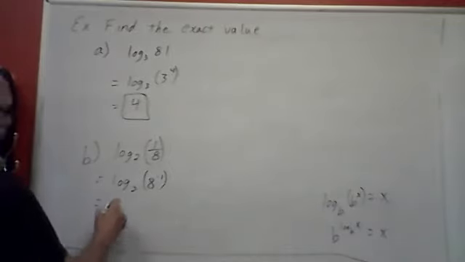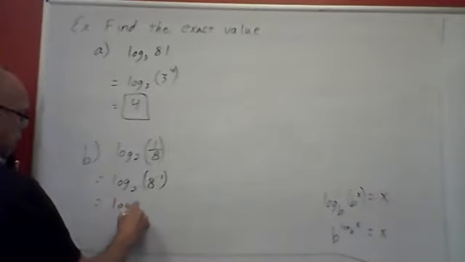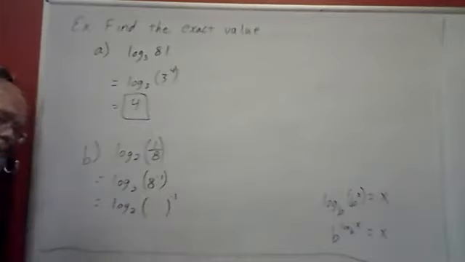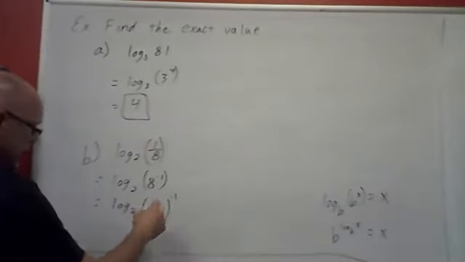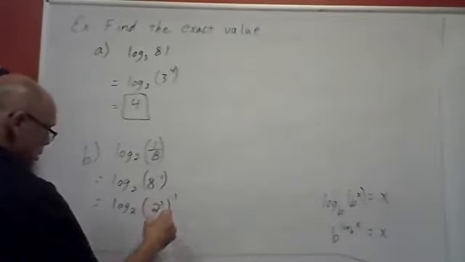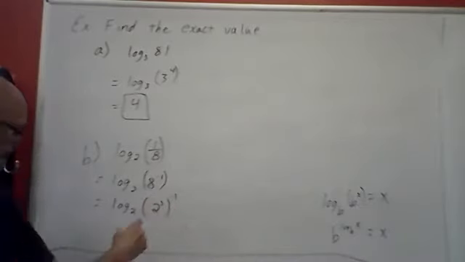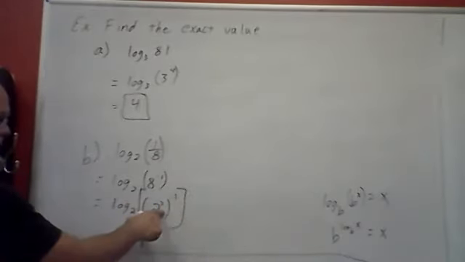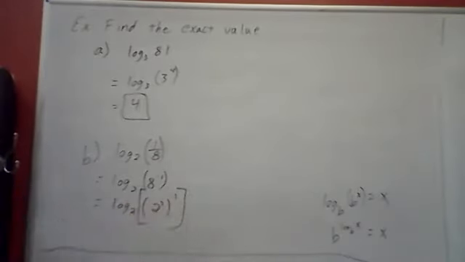So how about if I say this is log base 2 of, let me put a negative 1 on the outside like that. And 8, I could say is what? 2 cubed like that, right? Do y'all agree? That gives you the same thing.